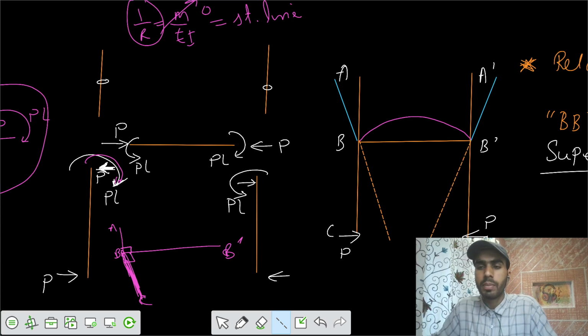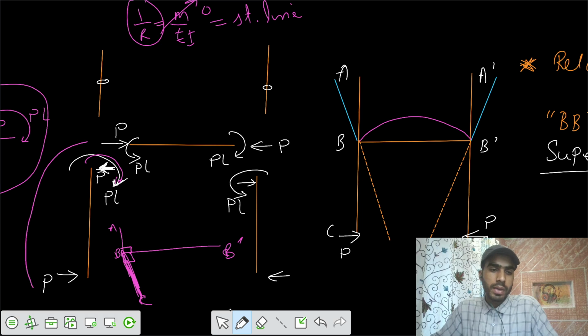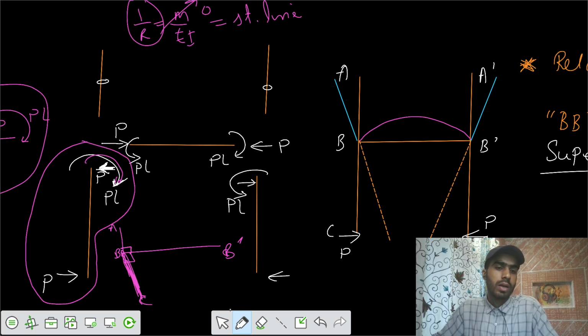The profile should have been this way, but because a load is also acting in part BC, we have to take its effect into account. We can treat it as an imaginary beam, because there is moment here and also shear force. Then the load is acting at the end span.